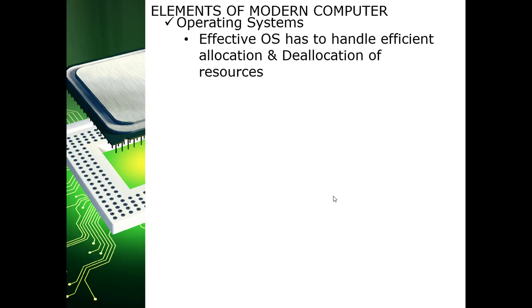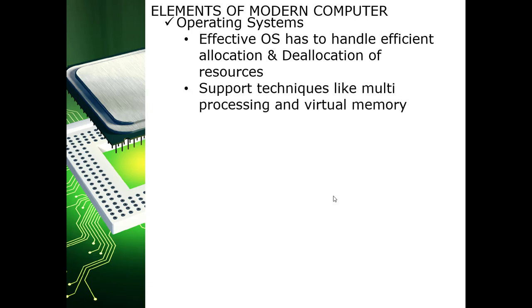An effective operating system has to handle efficient allocation and deallocation of resources like memory and processor. Only then is it possible for a computer to do the work within a shorter period of time. So that is in the hands of the OS.